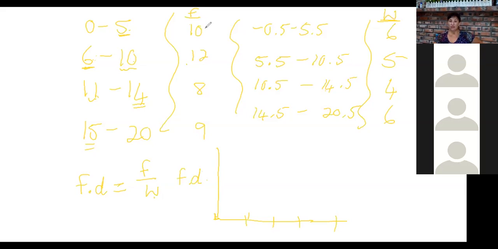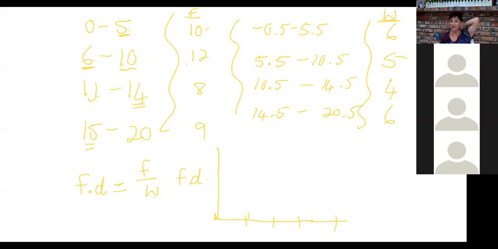So frequency, 10 over width, 10 over 6, 5 over 3, 1.7 or whatever it is, okay? And then 12 over 5, and 8 over 4, and 9 over 6. Okay, frequency over width gives me the frequency density.